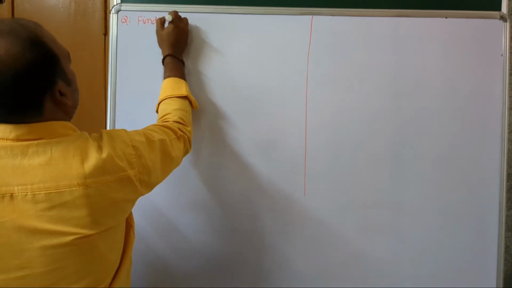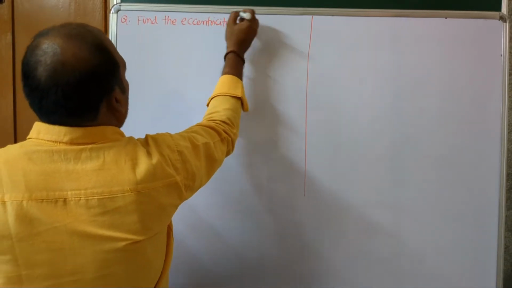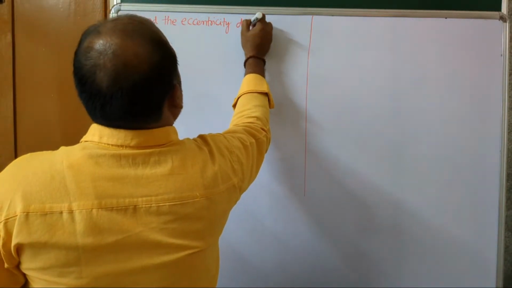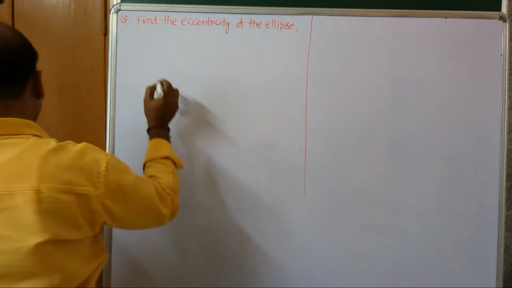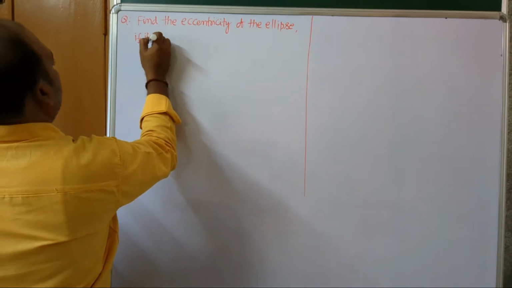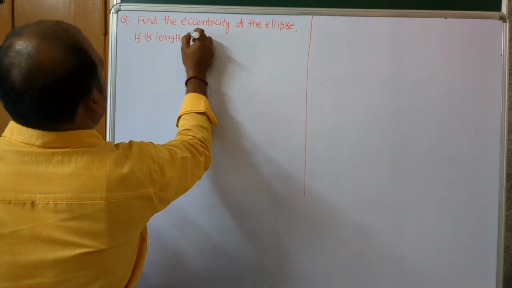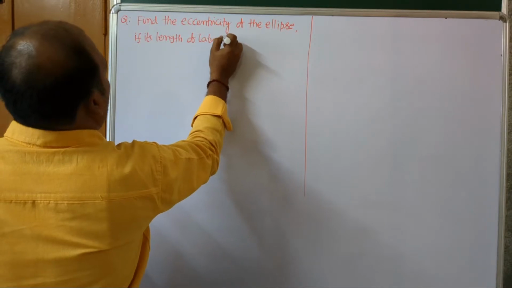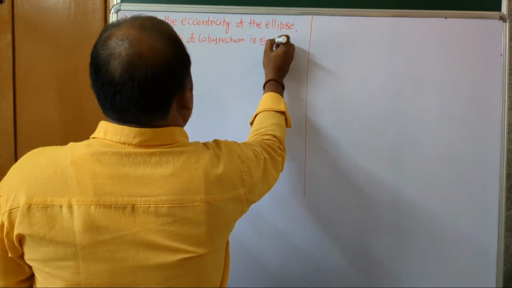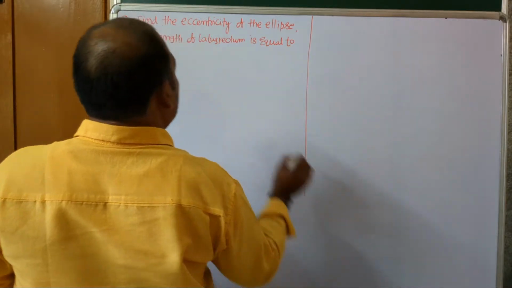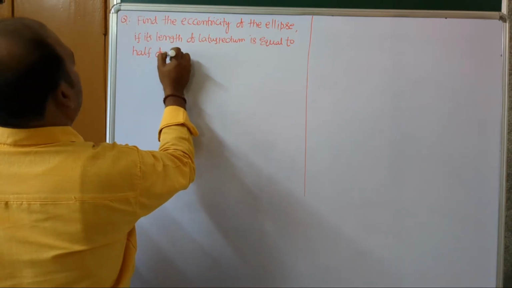Find the eccentricity of the ellipse if its length of latus rectum is equal to half of its minor axis.